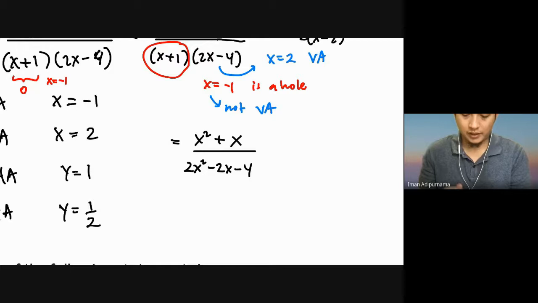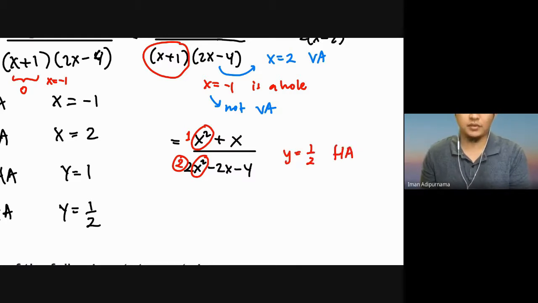If we look at this function here, we look at the highest degree of the function itself. This is 1, right? And this is 2, right? So we will have half. So y equals half will be our horizontal asymptote. This is based on what we did in the last sections yesterday.